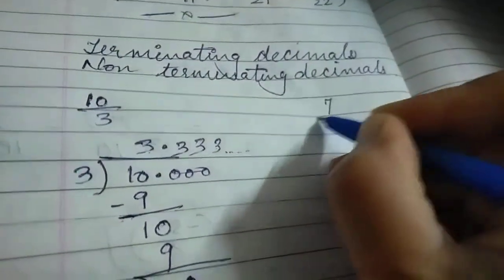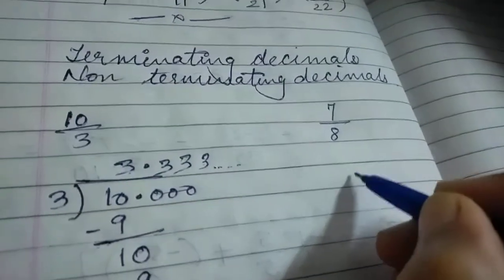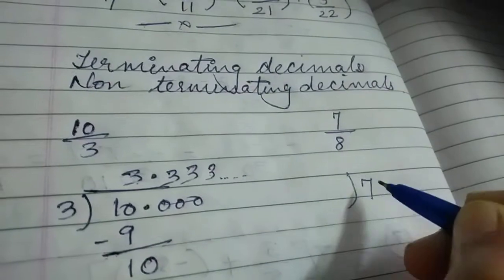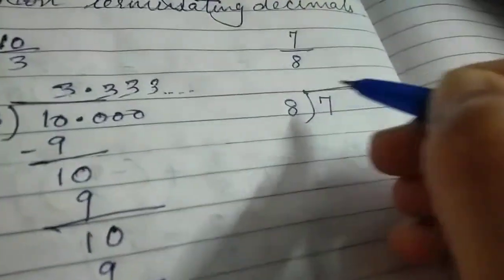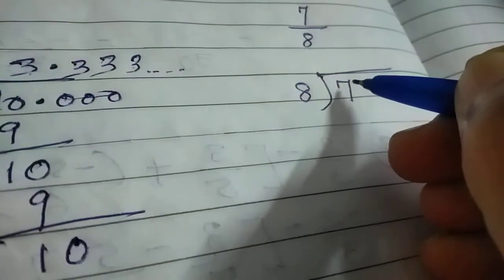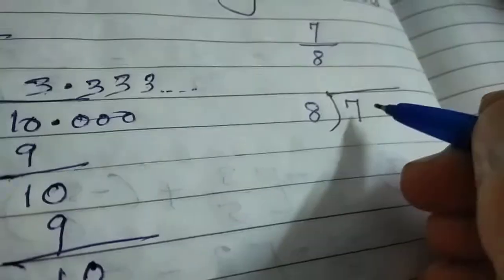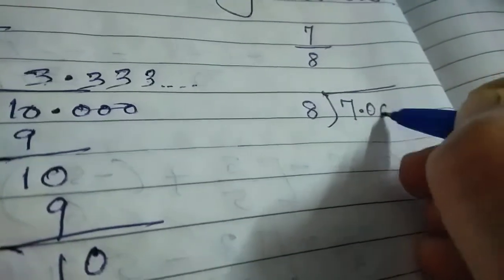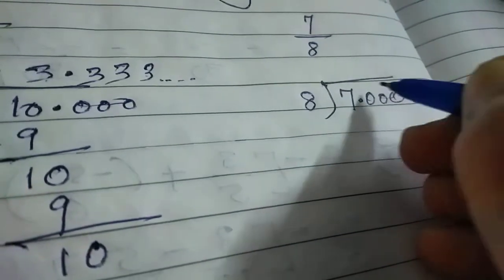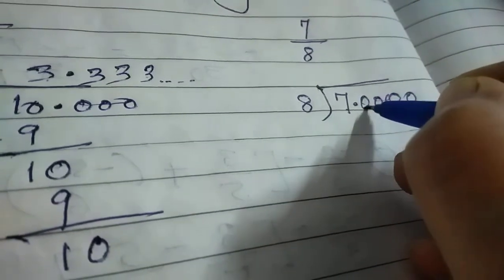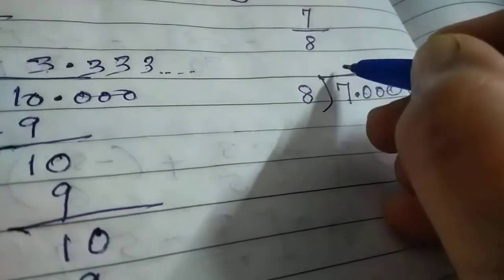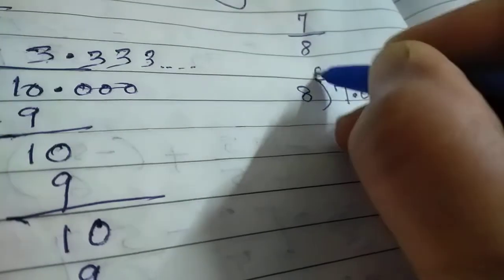Now the second one we see is 7 upon 8. Okay, that means 7 divided by 8. So 7 is smaller than 8. So what we do? We put decimal here and put zeros over here. Now we are taking 7 and this 0, but here is decimal, so we put a decimal over here.